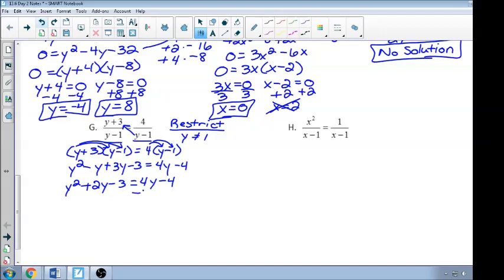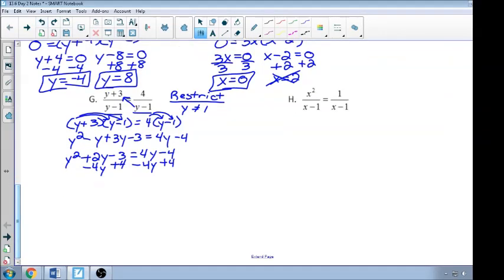If I subtract the 4y from both sides and add the 4 to both sides, that way I'm getting everything over to the y squared. I end up with y squared minus 2y plus 1 equals 0. At this point, I need to factor. So what multiplies to 1 and can add to negative 2?